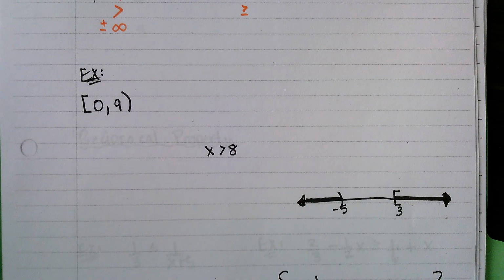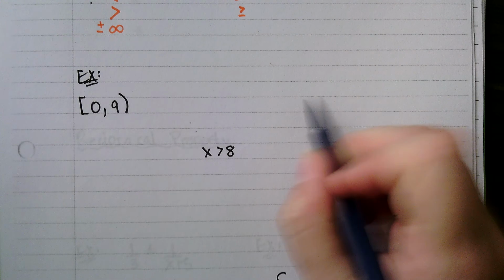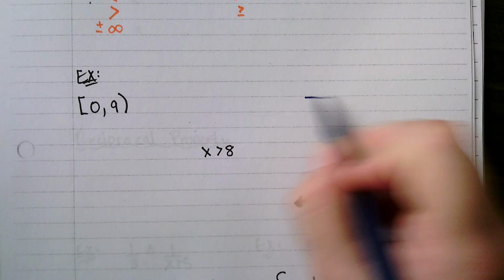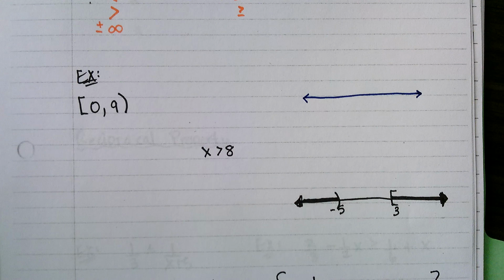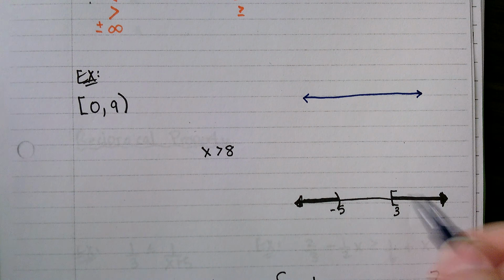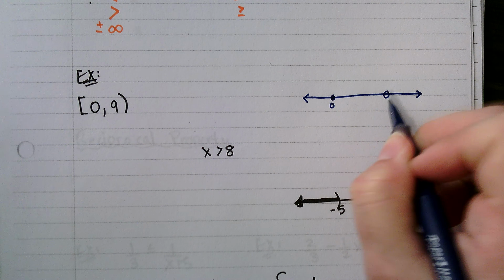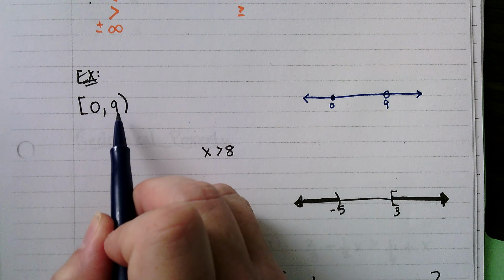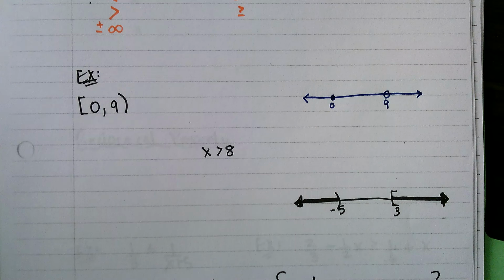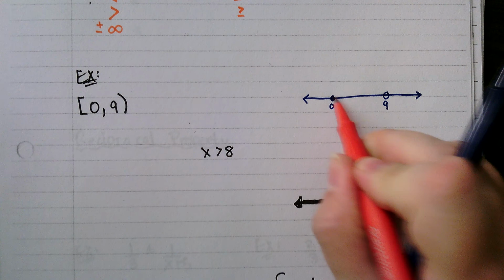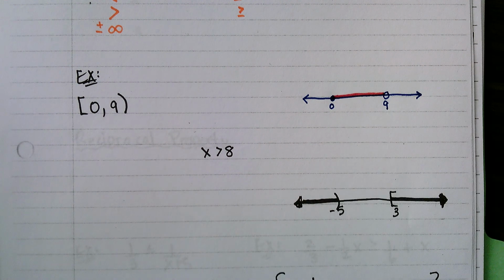A closed interval would be for like less than or equal to, greater than or equal to, and we would use a closed dot on the number line, and we use square brackets for those grouping symbols. And then you can have half open intervals. So you might have a closed circle on one end and an open circle on the other, or it could be vice versa. Open circle on the left, closed circle on the right.